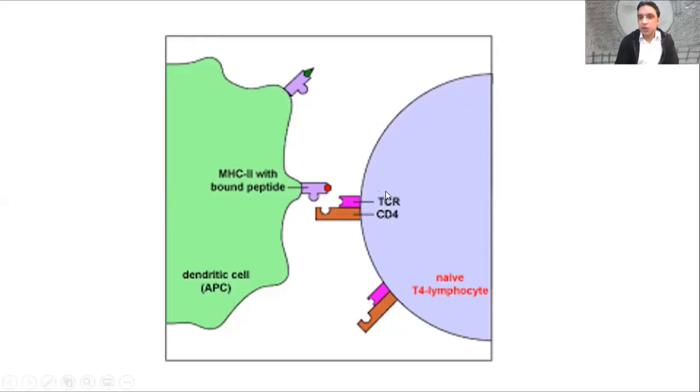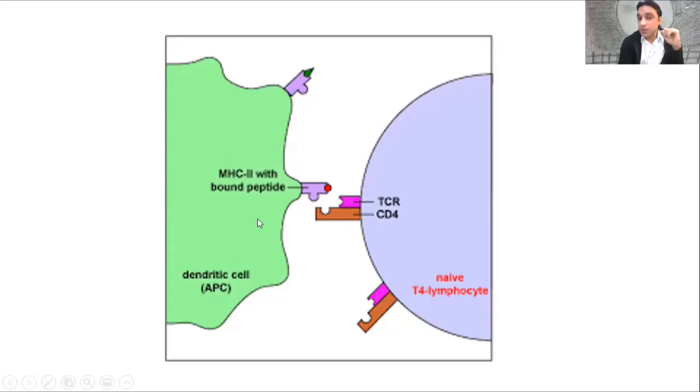So this is present on the surface of the T cell. The TCR, or T cell receptor, is the receptor which is able to communicate with the MHC. There are different types of MHC, 1, 2, and 3. We will study them after that, but just consider them as MHC. The MHC is present on antigen presenting cells, like the dendritic cells from the last lecture.